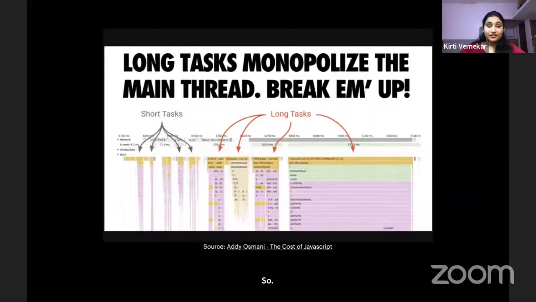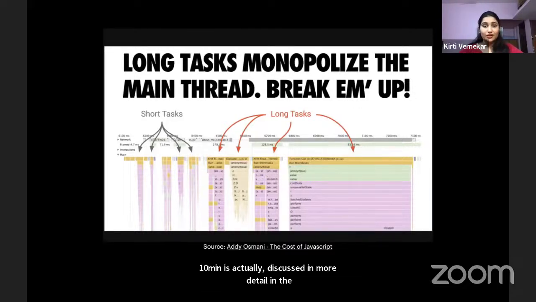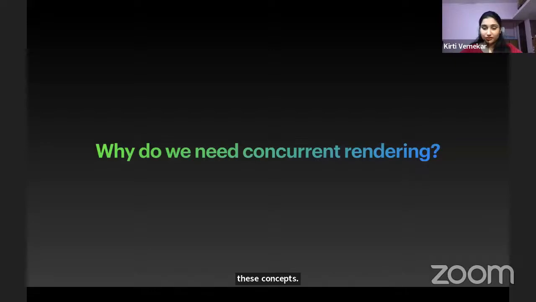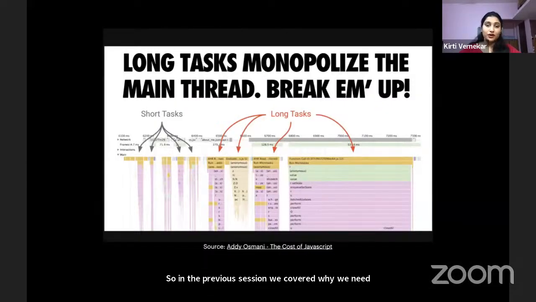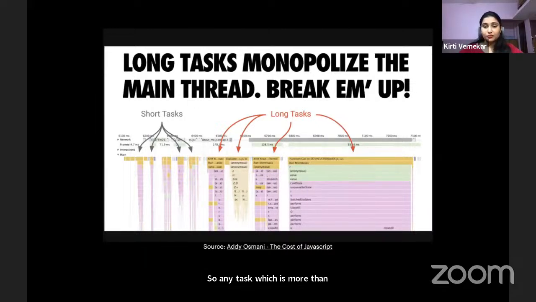So why do we need concurrent rendering? Whatever I'm going to cover in the next 5-10 minutes is discussed in more detail in the previous session. This is just a run through of what was covered so that you don't feel like you have not heard these concepts. In the previous session, we covered why we need concurrent rendering, and that's mostly to avoid running into long tasks. Any task which takes more than 50 milliseconds is considered a long task.